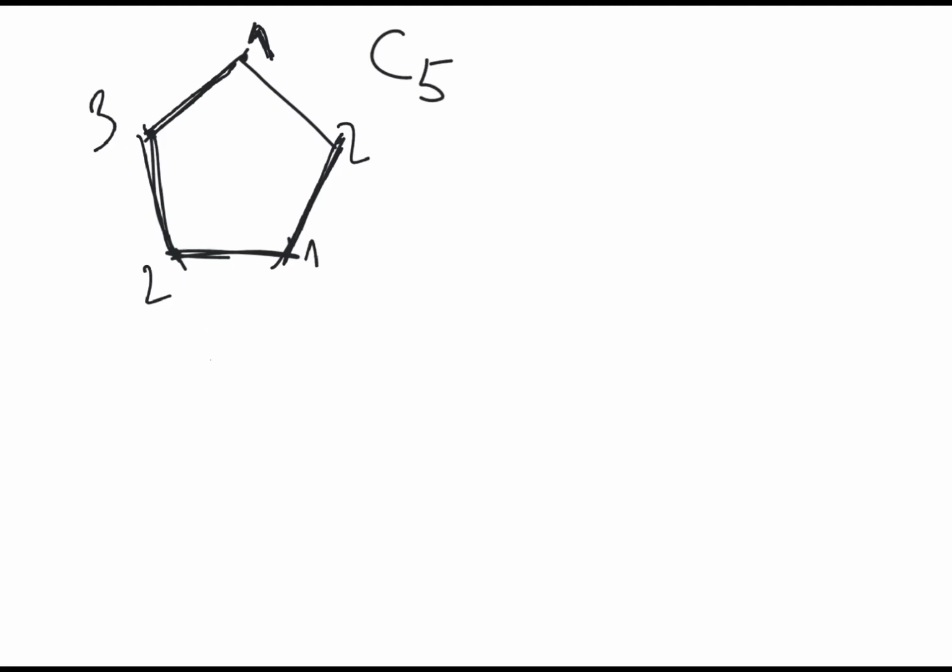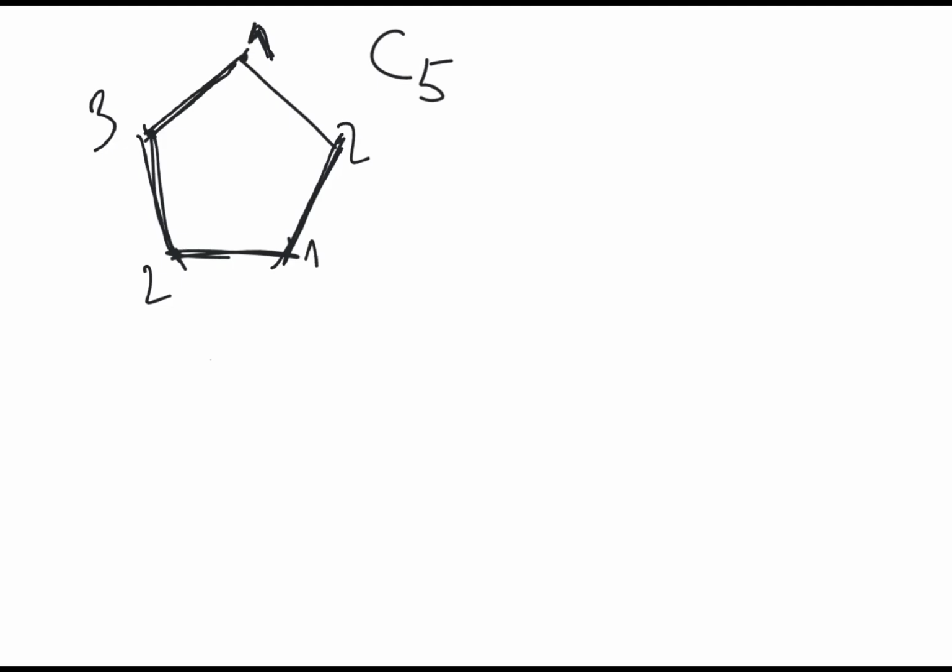properly, and it's easy to see that we cannot color it in 2 colors because it's a cycle of odd length, so it's not bipartite. There was a theorem, I made a separate video about this, that bipartite graphs can be characterized as the graphs that don't contain odd cycles, and this is itself an odd cycle, so it is not bipartite, and bipartite graphs are exactly the 2 colorable graphs.